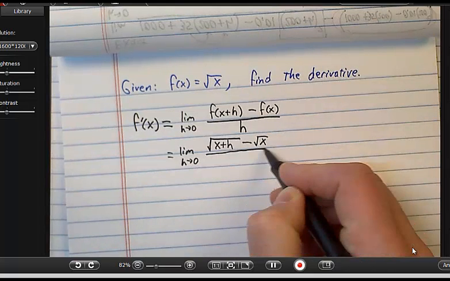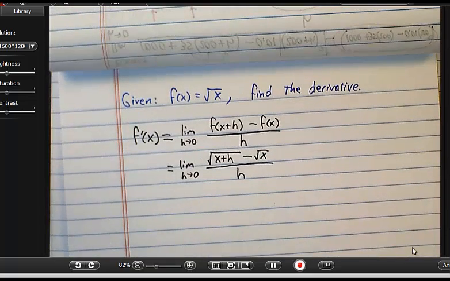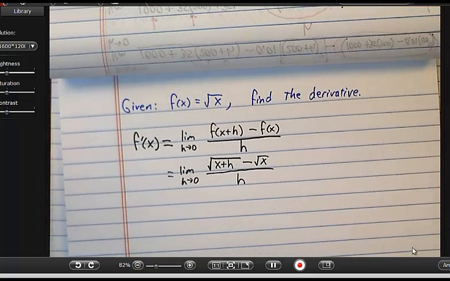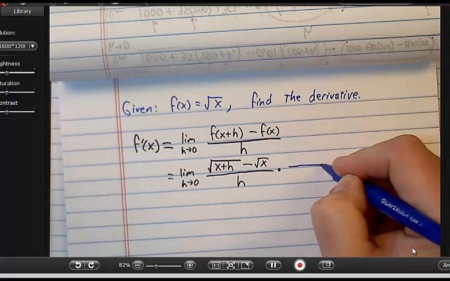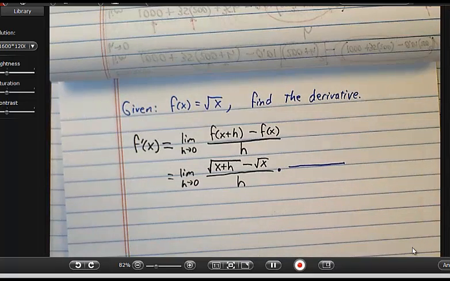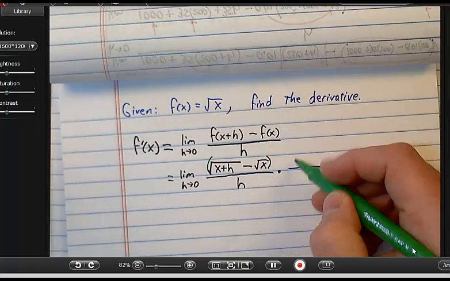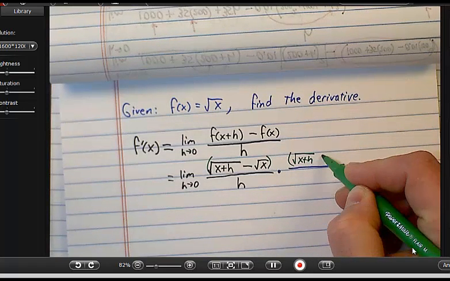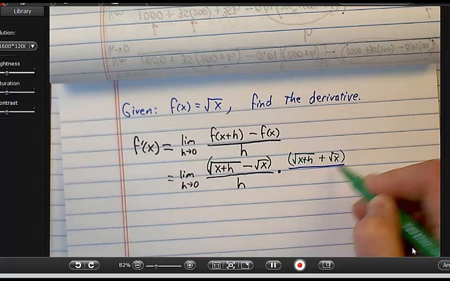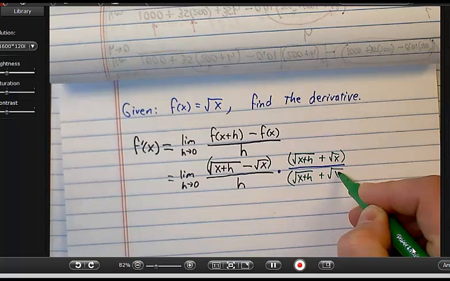Put that over h. We know the trick to compute this. We just saw it. There was nothing special about having the ones in there. I'm going to multiply by the conjugate. In other words, I'm going to multiply top and bottom by what? Square root of x plus h plus square root of x. That's right. So square root of x plus h plus the square root of x. There it is.